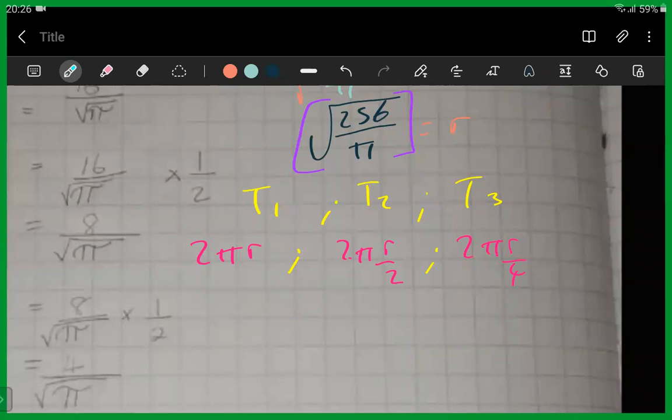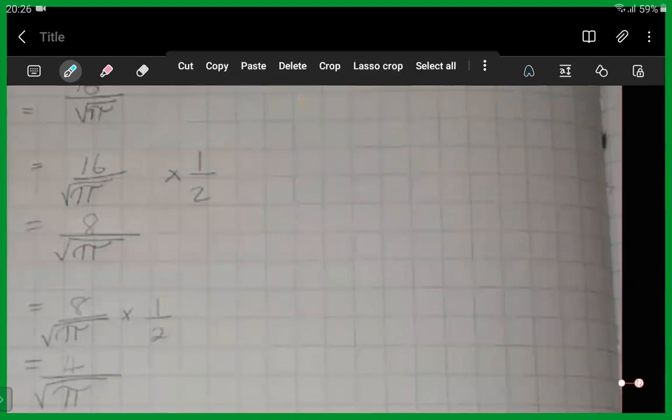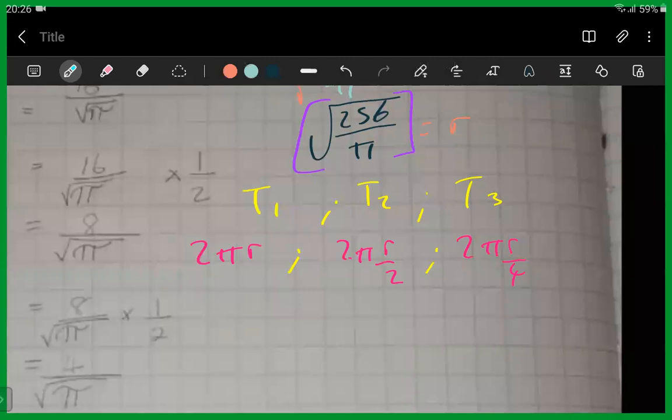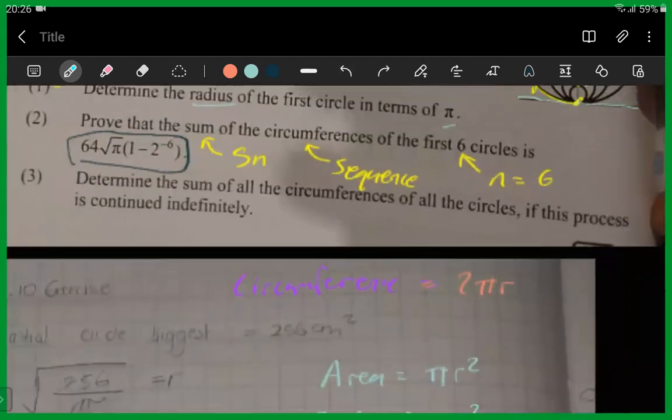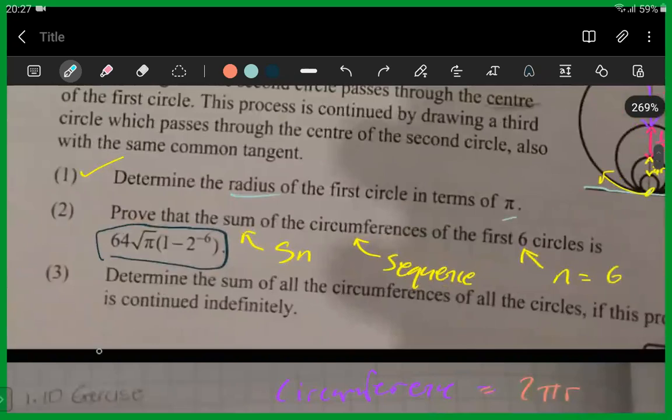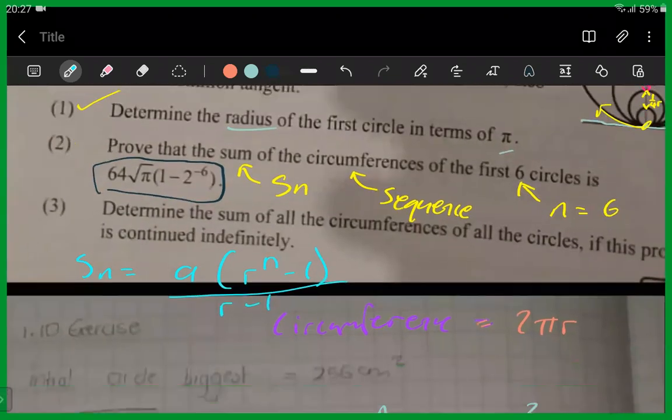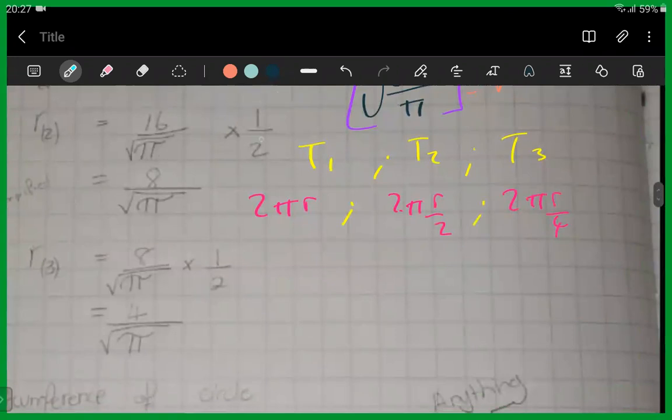So with all that being said, we want to be careful not to mix up the r's, because if we're thinking of a geometric sequence, we know that Sn is equal to a times r to the power of n minus 1, over r minus 1. So we need to be careful here. Let's label it R2. R2 is going to be equal to T2 over T1. Is that correct?